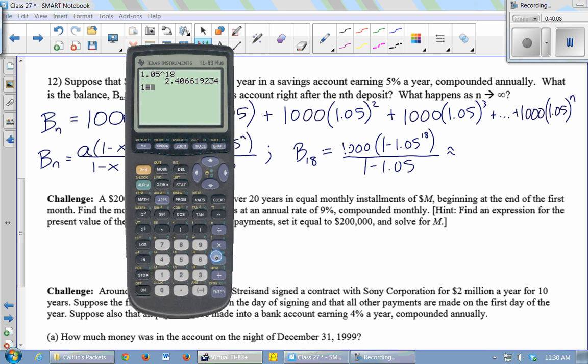I'm going to do 1 minus that. I'm going to multiply that times 1,000. And then I'm going to divide by 1 minus 1.05. Put that in parentheses to make sure it does the denominator first. I'm going to get $28,132.38.